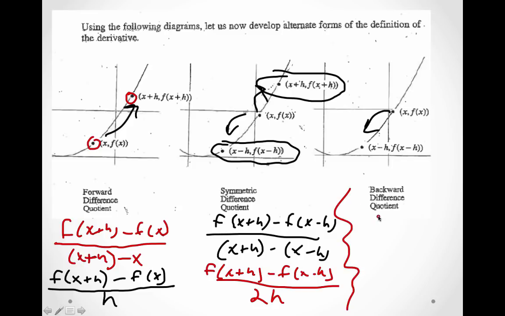I'm just going to give you the formula now. We're going backwards, so it's f of x minus f of x minus h. And once I simplified the bottom, it would be x minus x plus minus h, and you would end up simplifying to h. So that's just putting the h value in different spots, and all of these can be used for alternative definitions of the derivative.